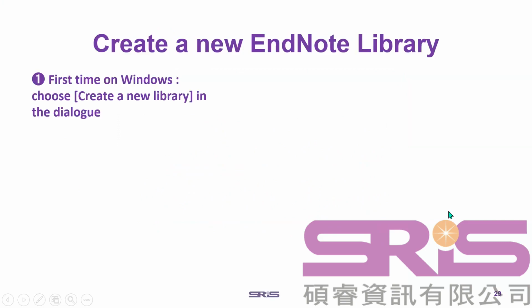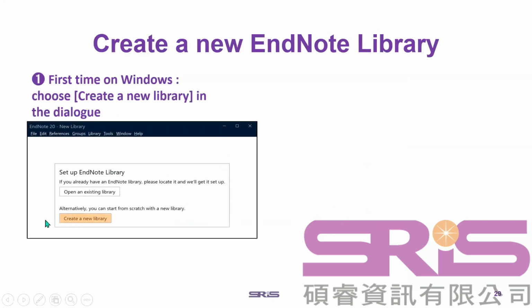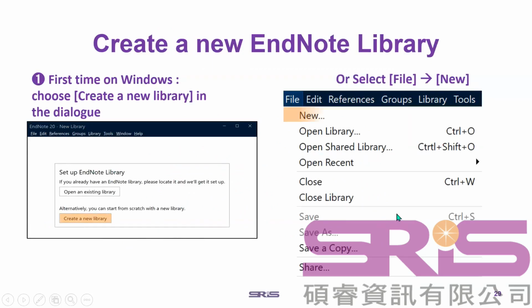Then if you want to create a new library, please just click on create a new library in your Windows. The first time, it will show up this prompt. But if it's not the first time you use EndNote, you can just select File on the top menu, then New, to create a new library.